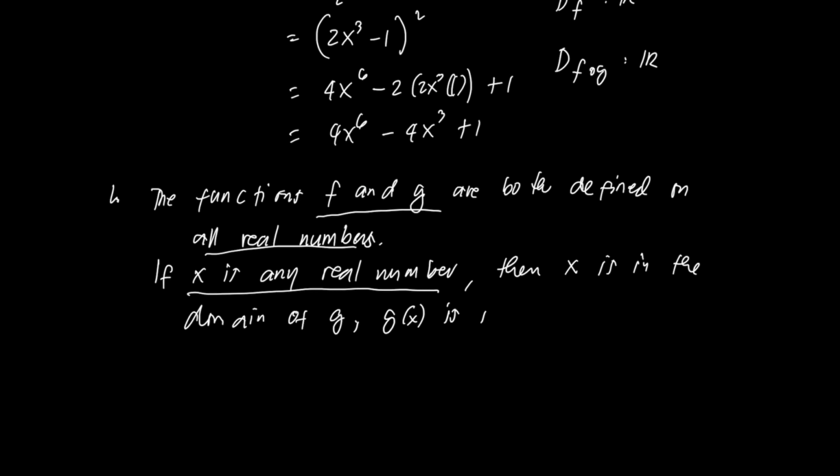Also, g of x is in the domain of f. Because whatever value of x, whatever real number you put in g of x, the result is a real number. And therefore, it is in the domain of f, since the domain of f is all real numbers.